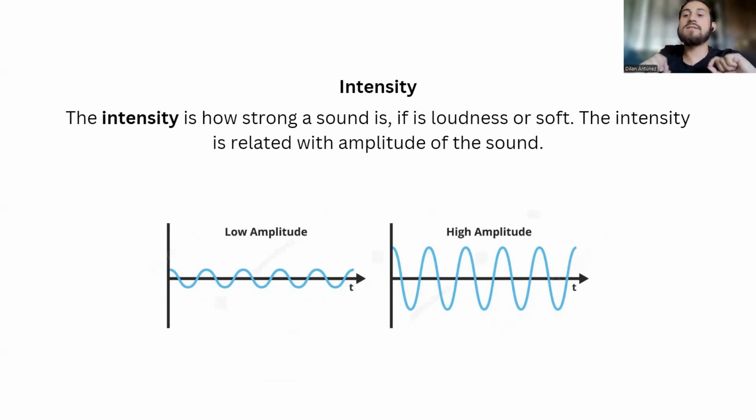The intensity of the sound is related to the amplitude, like we see here in the picture. Low amplitude means that the intensity of the sound will be low. And high amplitude, here the maximum points are bigger than in the previous picture, means the intensity of the sound will be high.